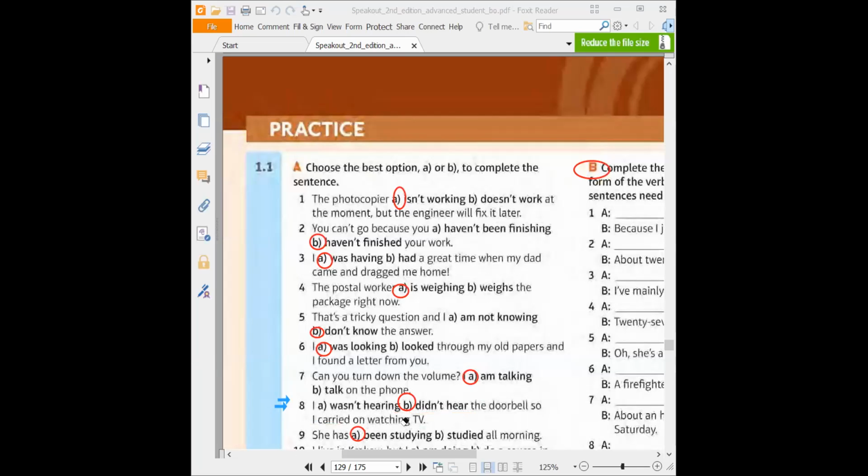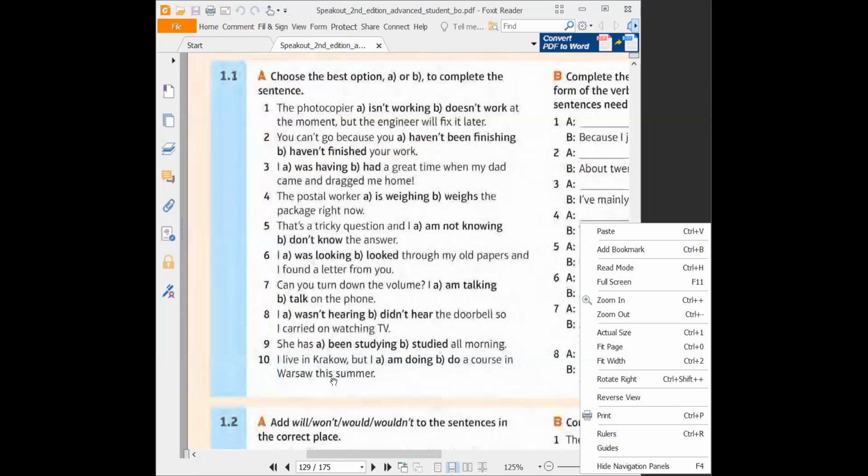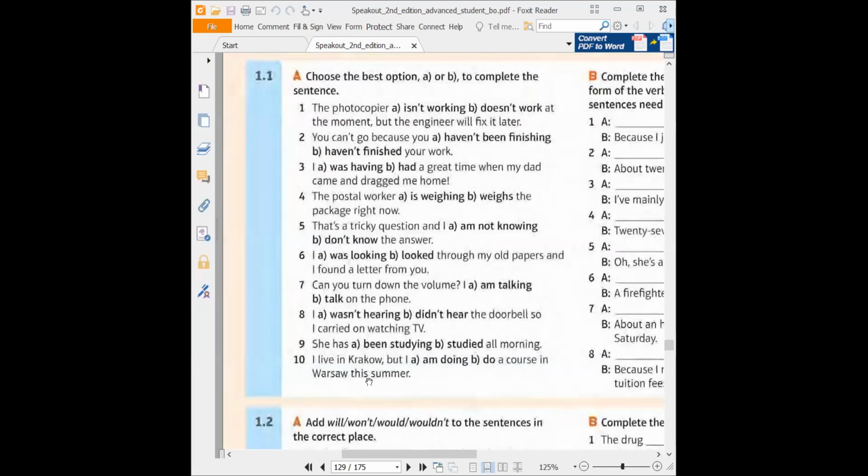Okay, great. Let's move on to the last one. Let me delete everything here. I lived in Krakow, but I am doing, or I do, a course in Warsaw this summer. I knew this city is near Eastern Europe.